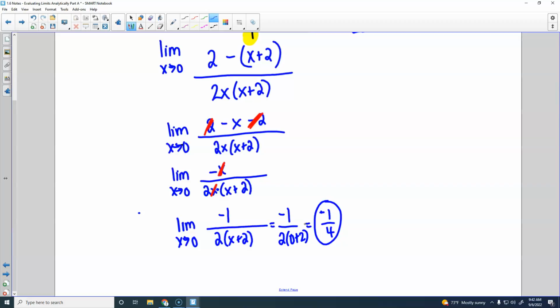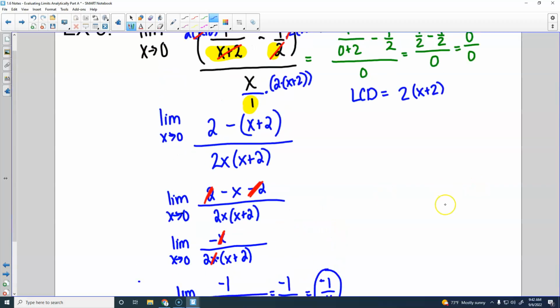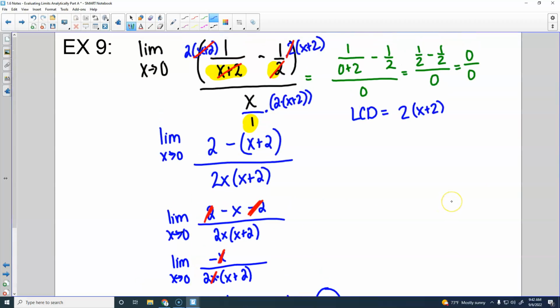That is one option that you can do this. The other way I'm going to show you is still really the same, but you're just thinking of it a little bit differently. So I'm going to write this down, but you know this is done. We could just do it the way I just did it. I've got 1 over x plus 2 minus 1 over 2 over x.